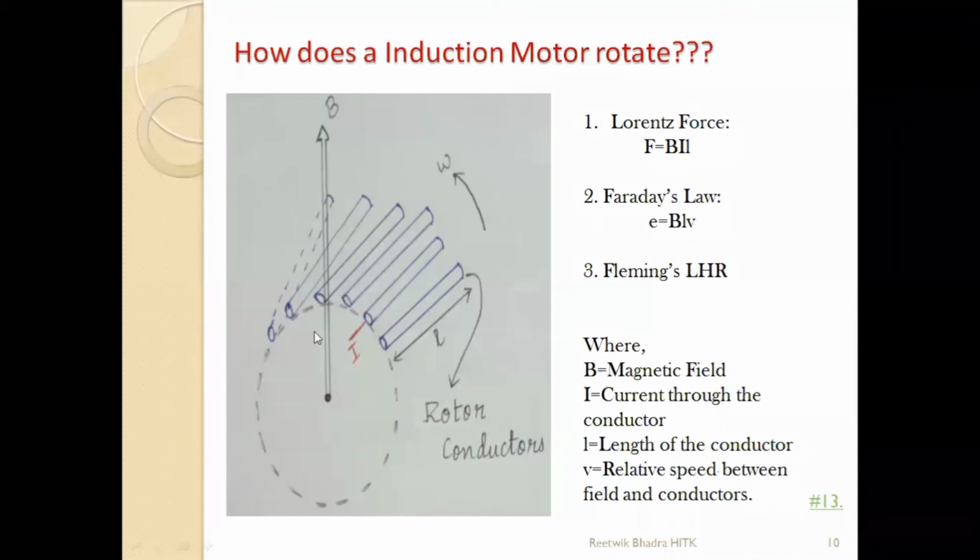So this B also rotates, just for now I'm thinking. This is static, this B is in this direction and this is rotating. So the relative speed between this rotating conductor and this static field will always be constant, because this is fixed and this is rotating at some speed.